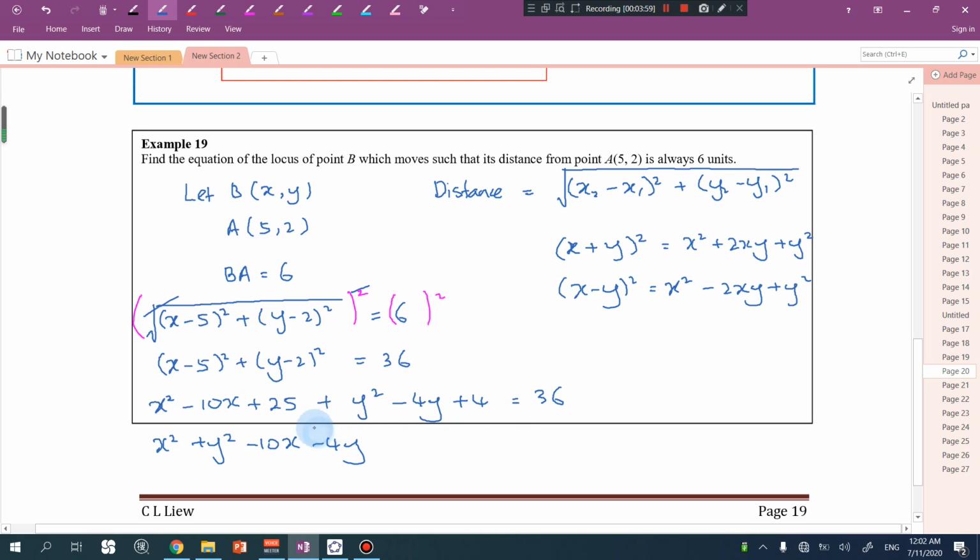Or I write over here to show you clearer. 25 plus 4, 29. 36 I move over here, becomes minus, is equal to 0. So this is x squared plus y squared minus 10x minus 4y, and 29 minus 36 gives us minus 7. Let me check. x squared plus y squared minus 10x minus 4y minus 7 is equal to 0. Okay, correct.